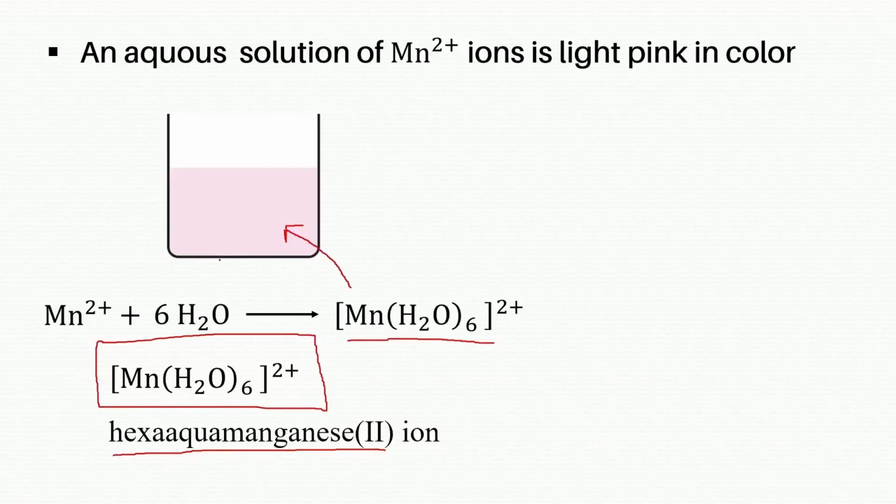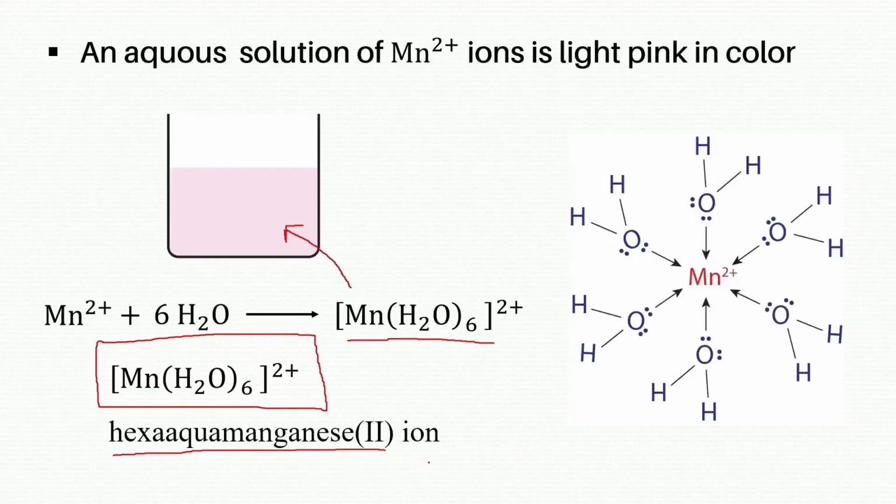Right, as I mentioned earlier, now we can see the shape and the structure of hexaaquamanganese(II) ion. This is the structure. Here also you have the central metal ion Mn2+. It is bonded to 6 water molecules with dative covalent bonds.